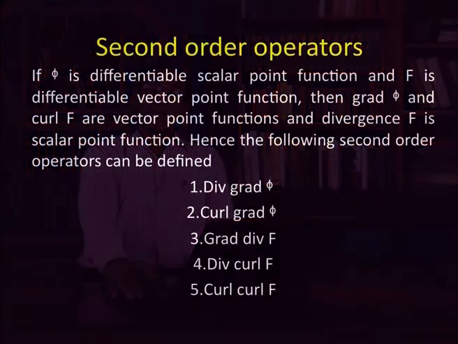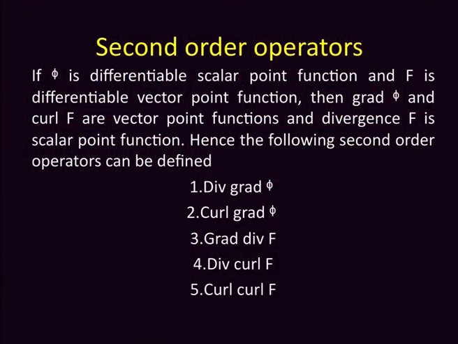Now, I will define some second order operator identities of the vector operator acting on scalar function phi and vector point function f. If phi is a differentiable scalar point function and f is a differentiable vector point function, then grad phi and curl f are vector point functions and divergence f is a scalar point function as defined earlier.